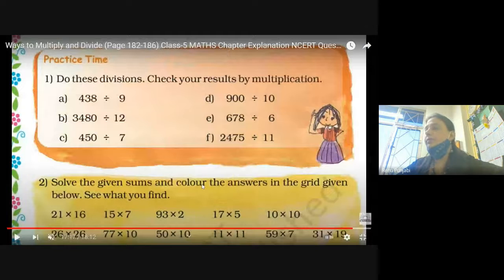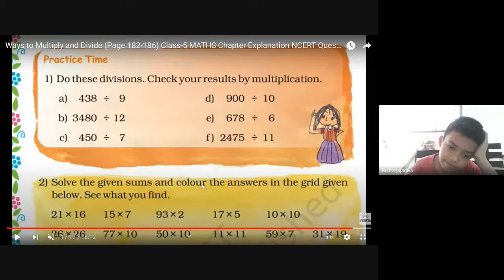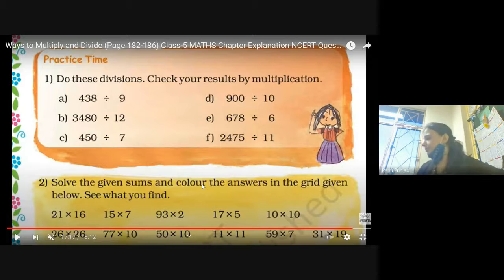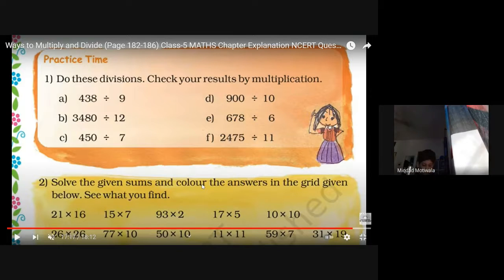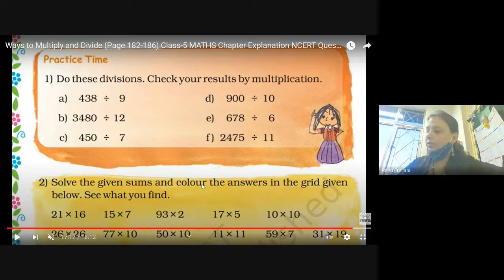Ma'am, on this second, 64, just because of this 2 marks are gone. And 64 and 2 is remainder. Yes, 64 is the quotient and 2 is the remainder.